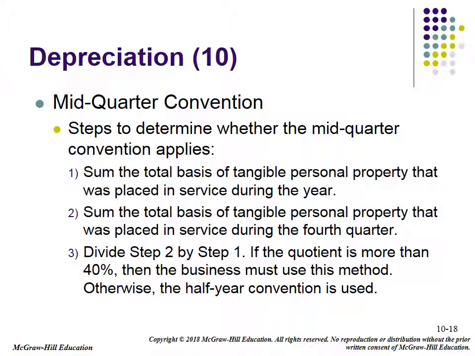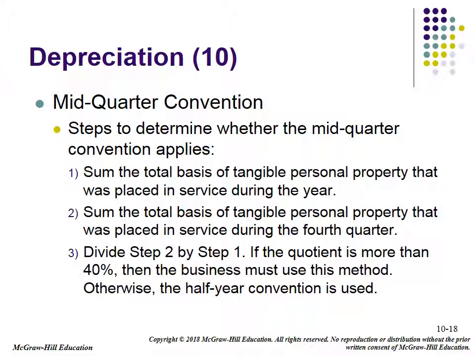And here's what it says. Add up all the basis of all tangible personal property, whether new or used, for the entire year. Only tangible personal property, not real estate. You don't include that in this calculation. In the second step, you add up all of the same personal property, but only the ones you purchased in the fourth quarter.